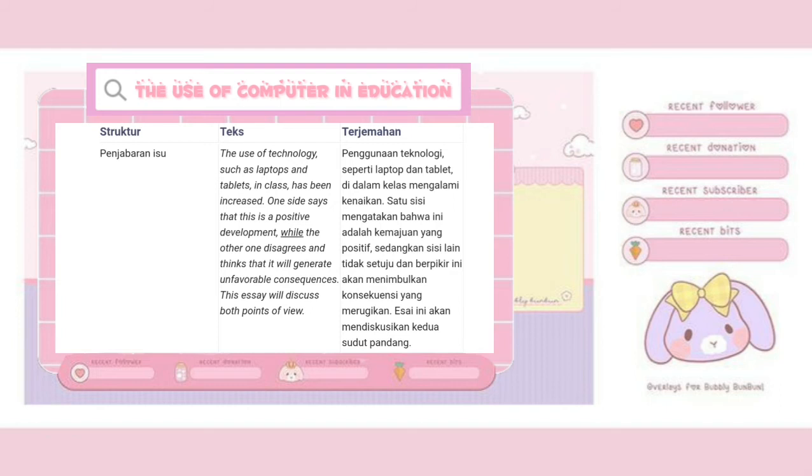The use of technology, such as laptops and tablets, in class has increased. One side says that it is a positive development, while the other disagrees and thinks that it will generate unfavorable consequences. This essay will discuss both points of view.